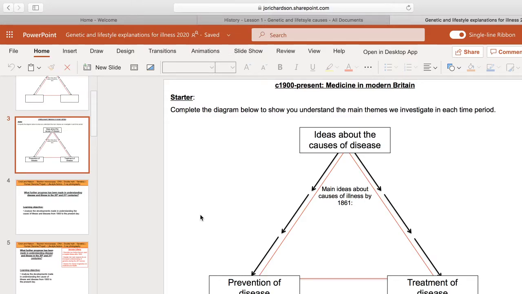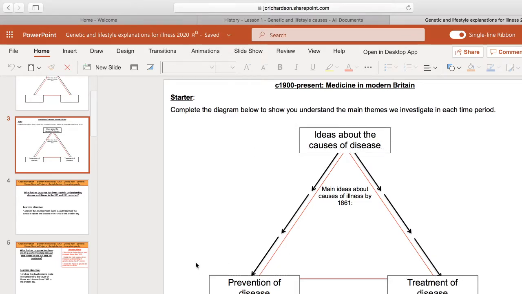Now, when we think about the modern period, we look at genetic causes, we look at environmental causes, and obviously based on our understanding from the industrial period, we know that it's to do with bacteria and microorganisms.